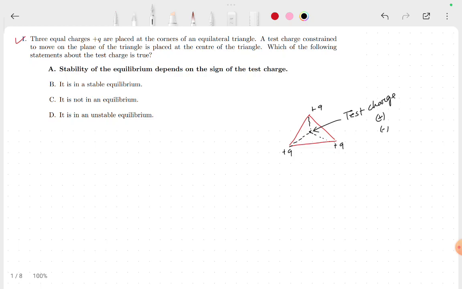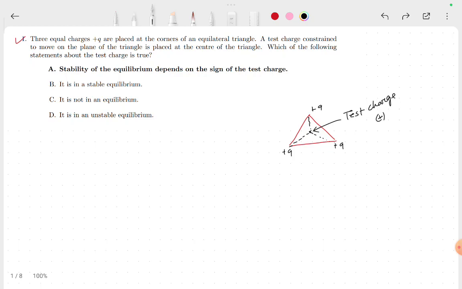If we place a positive charge at the test charge location, then a repulsive force acts between it and all the charges placed at the corners of the triangle. It means the equilibrium condition is broken.